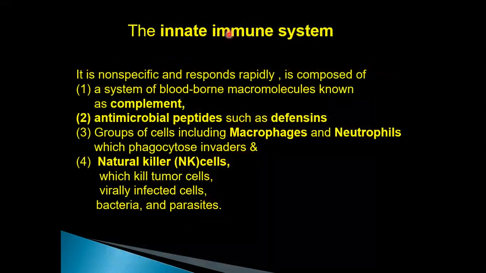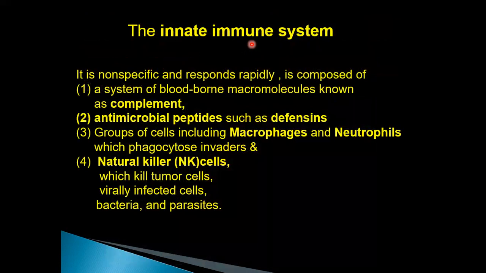Now we have two kinds of immune system. One is the innate immune system, and the other is the adaptive immune system. The innate immune system is non-specific. Since birth, babies have innate immunity within them, which is natural immunity, and this natural immunity is non-specific.